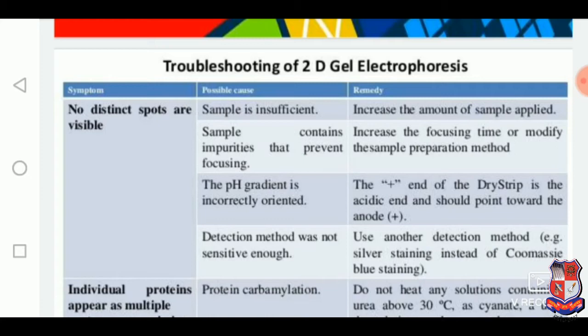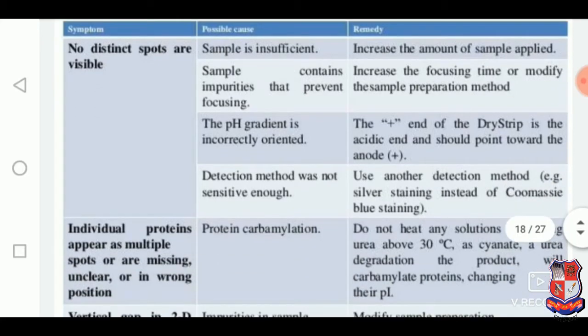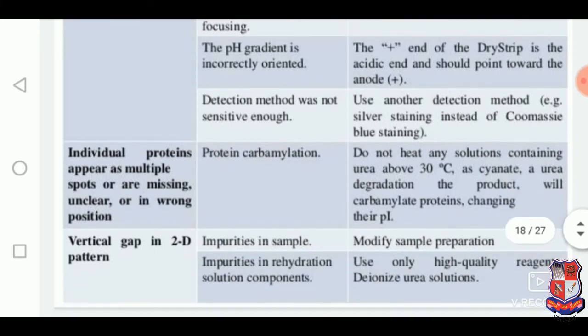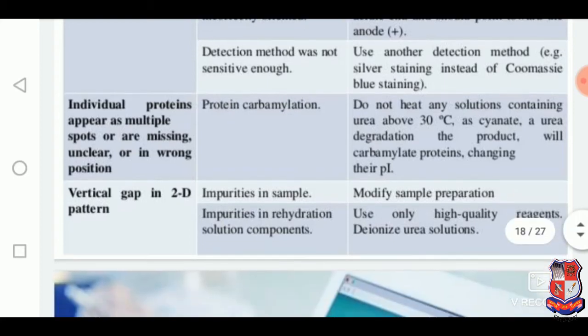So what are the remedies we can use? Increase the amount of sample applied, increase the focusing time, the positive end of the dye strip is acidic and should point towards the anode. Use another detection method, for example silver staining instead of Coomassie blue staining. There are different causes and there are solutions for them.